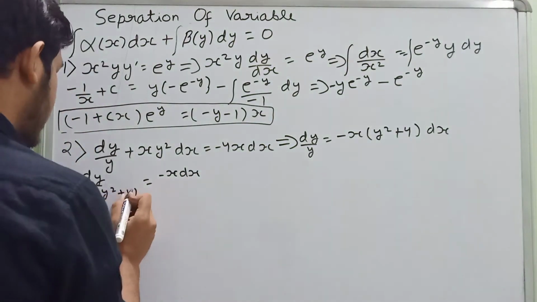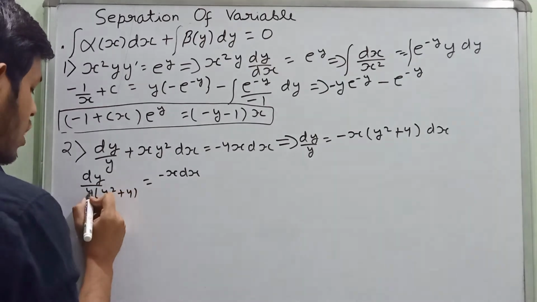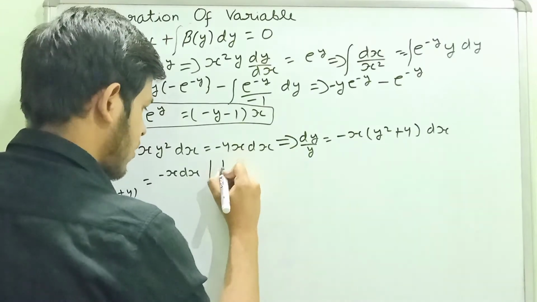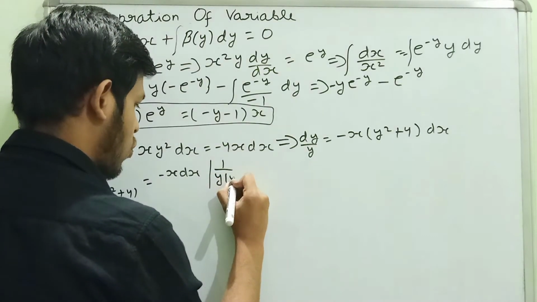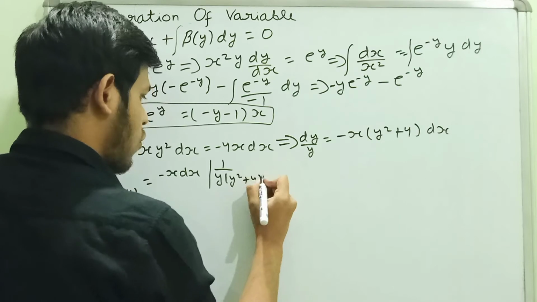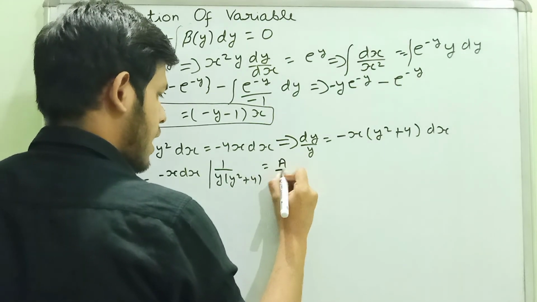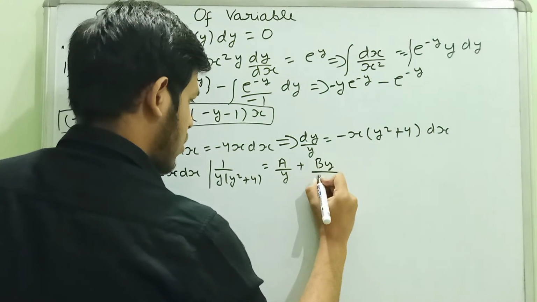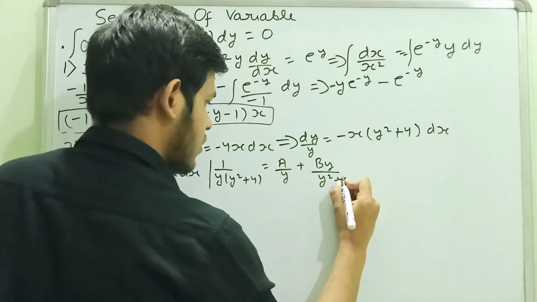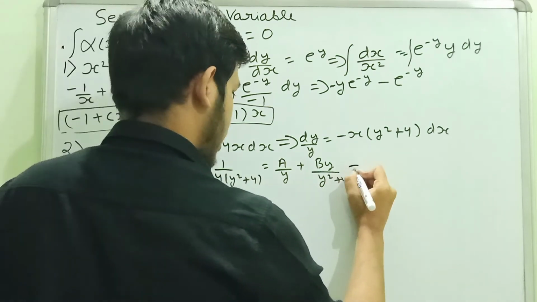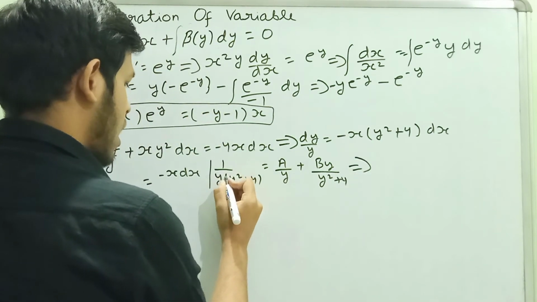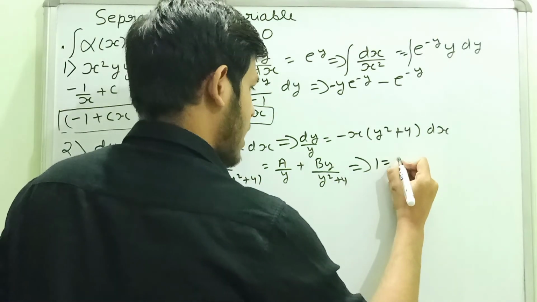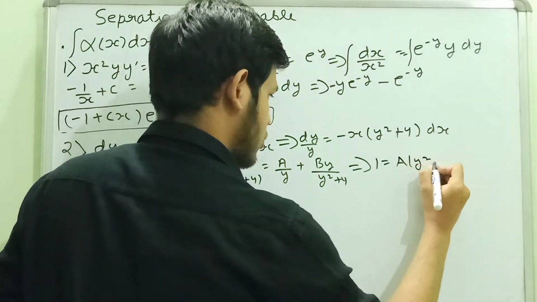Now we will divide this 1 upon y into y square plus 4 into partial fractions. So 1 upon y into y square plus 4 equals a upon y plus by upon y square plus 4, right? We multiply y into y square plus 4 on the right hand side, so the equation we get will be 1 equals a into y square plus 4 plus b y square.